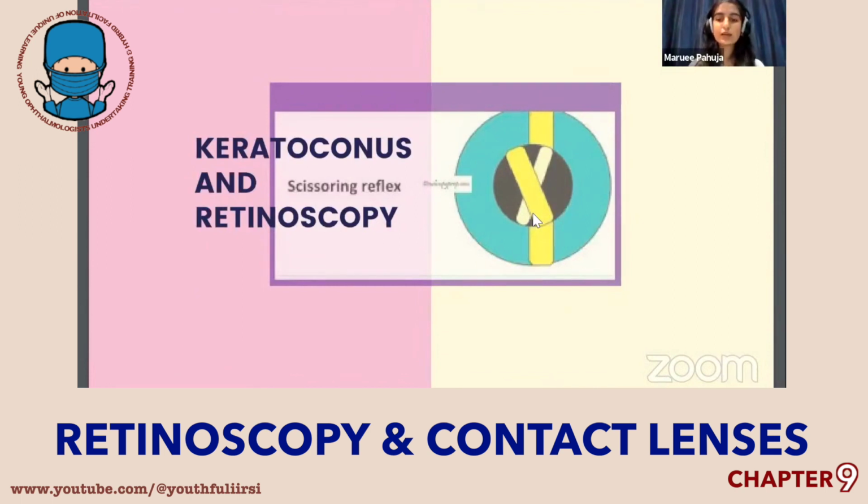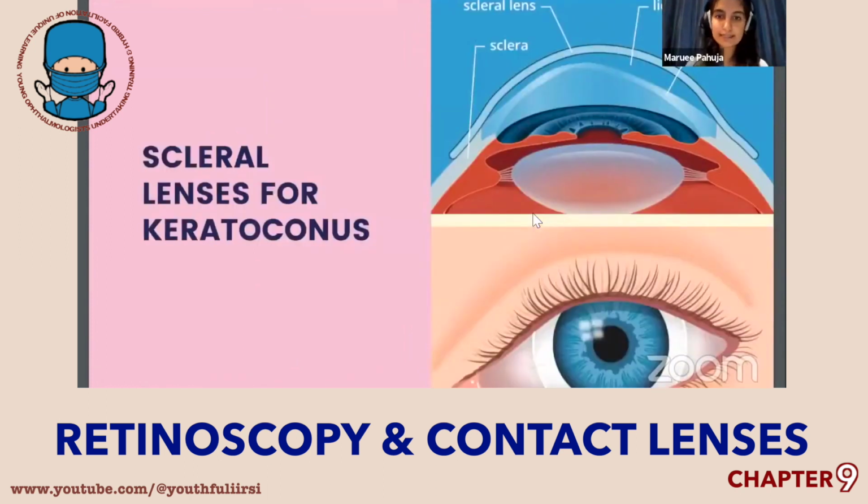In that case, we give something called scleral contact lenses. When scleral contact lenses are given, it's a tedious process, but it's absolutely worth it because patients land up with amazing vision from these specific lenses. Why is that? Because these lenses create another smooth refracting surface over the irregular cornea.